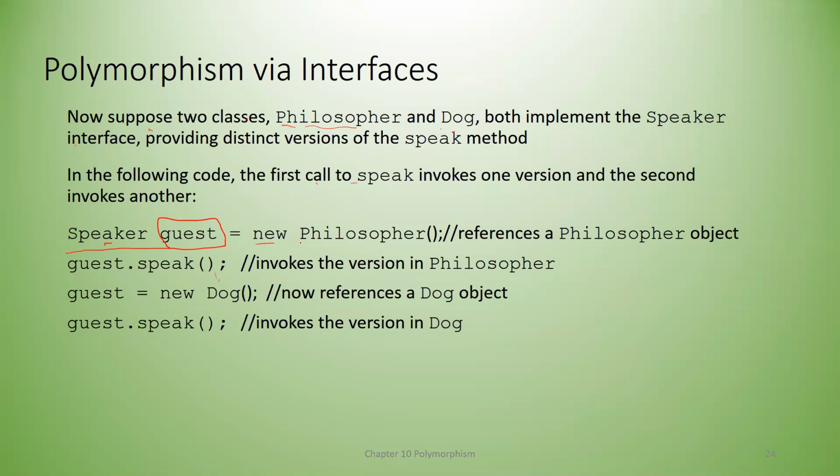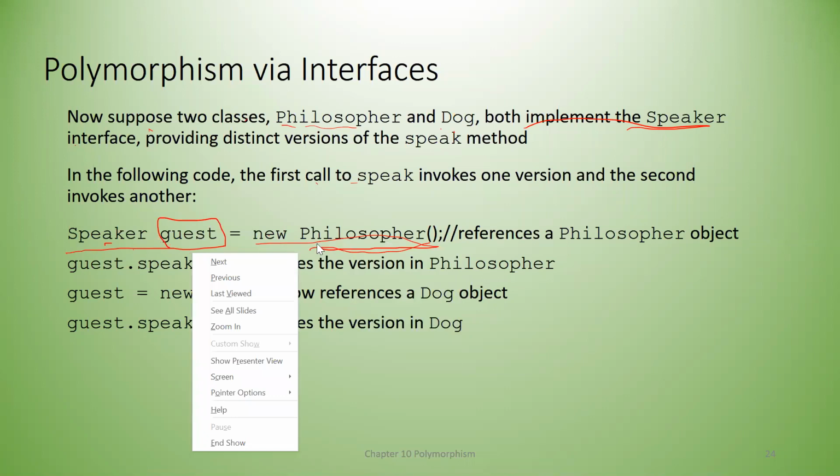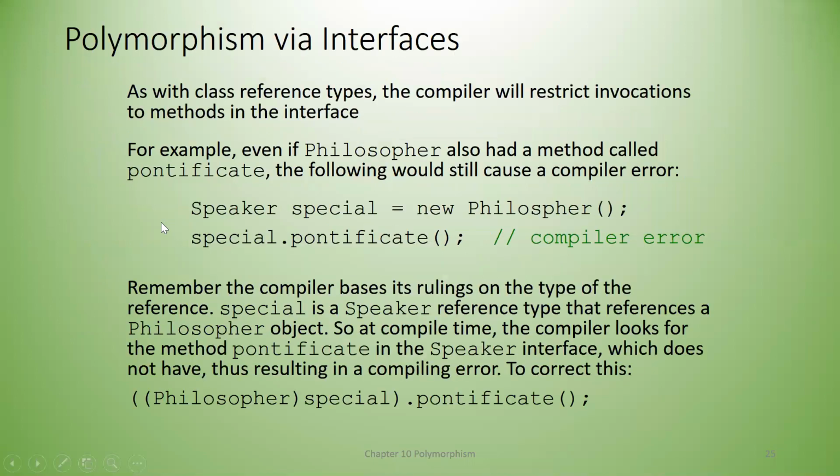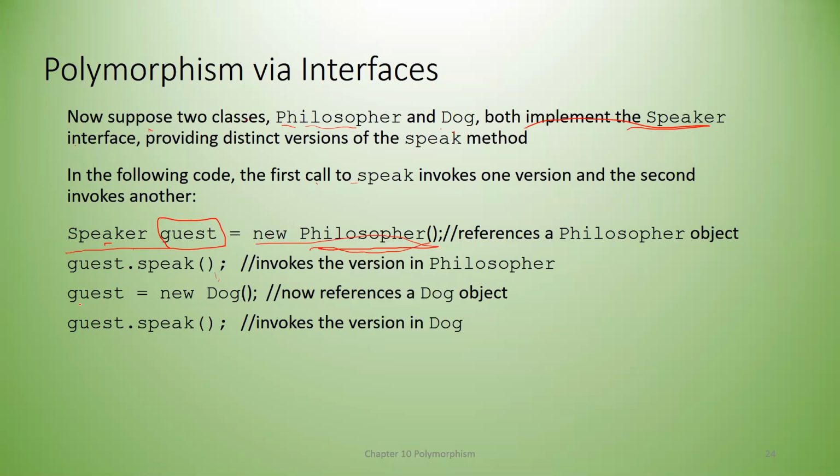And new philosopher. This is okay because philosopher implements, it already said, implements speaker, right? So this is an actual class. So now we have a speaker reference variable referencing a philosopher object. So this is good. And then guest.speak invokes the version in philosopher.